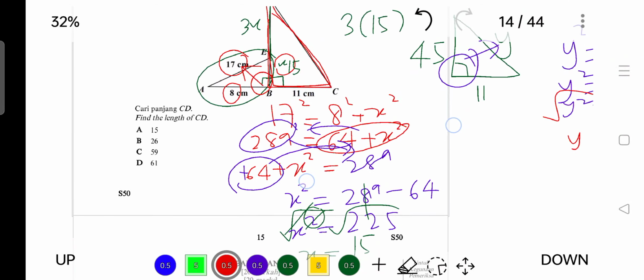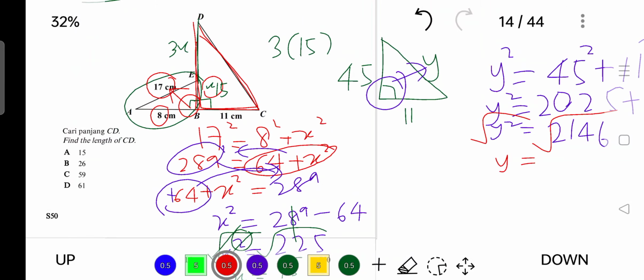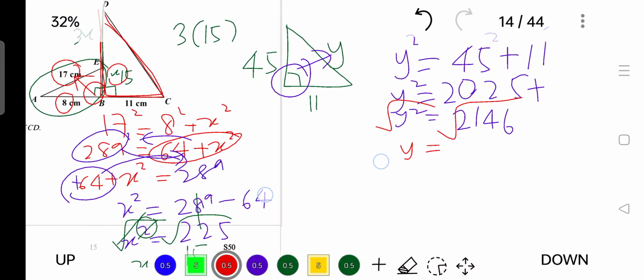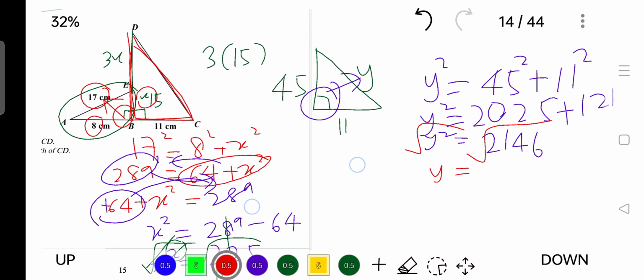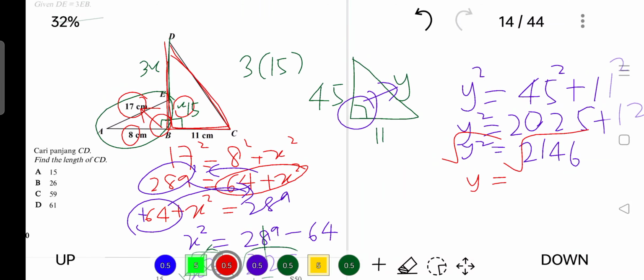Maybe we have something wrong because I didn't get the exact answer. Where is my mistake? All right, CD, we didn't get the exact answer here.